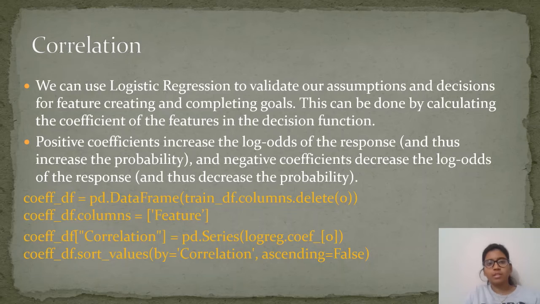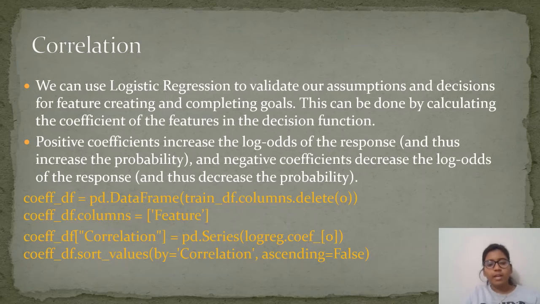In the neutral correlation, we have constant values for both the variables. The positive coefficient increases the log odds of the response, and it increases the probability, and the negative correlation coefficient decreases the log odds of the response, and the probability decreases.